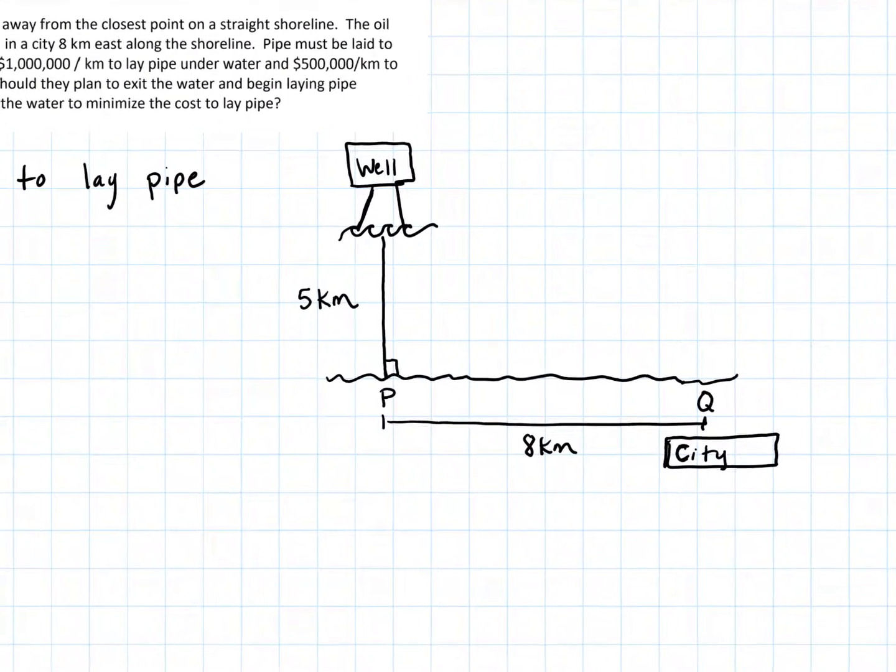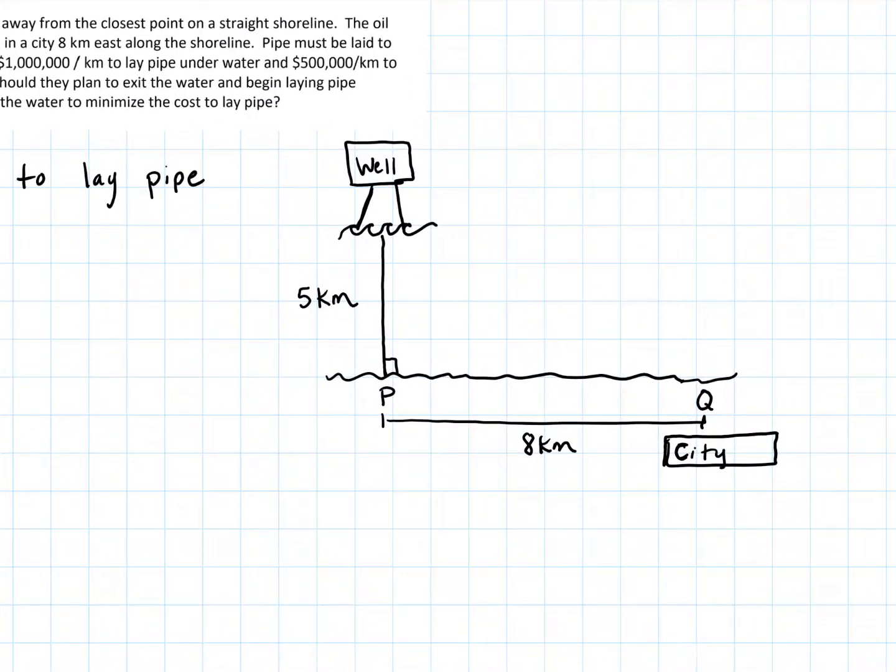Okay, so now we've got a couple of choices. We could go straight to shore and then along the shoreline. That would be one choice. We could go straight from the well all the way under the water and lay the pipe straight to the city. That would be a second choice.